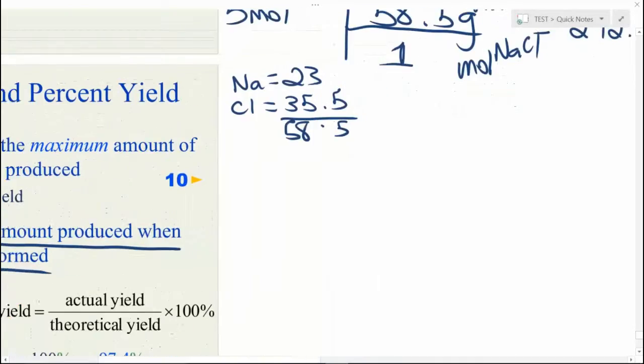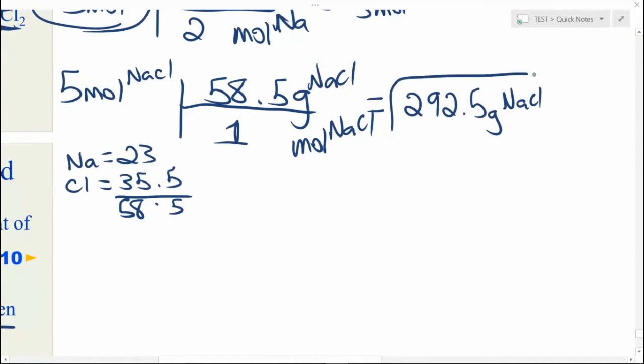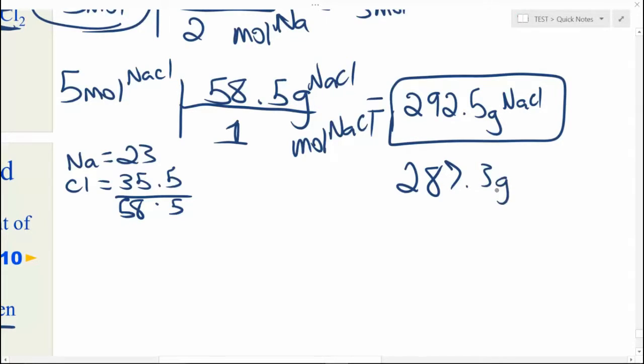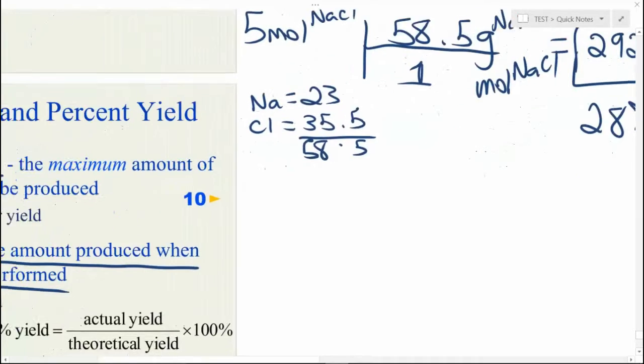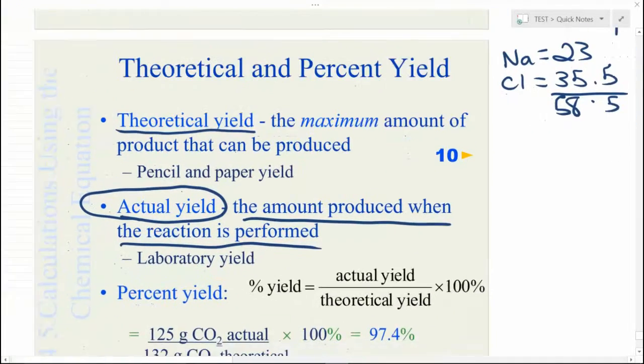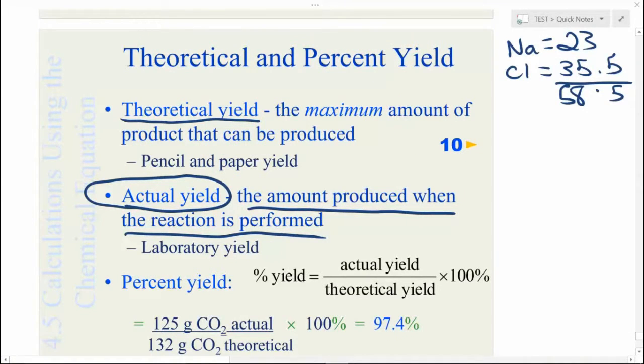So here I have theoretically said we should produce 292.5 grams of sodium chloride. But when I go and run that reaction, I only produce 287.3 grams of sodium chloride, which would be practical because I'm never going to do everything so perfectly or collect all the mass so perfectly that I'm going to get everything. There's always going to be an amount that is lost during the reaction and during the handling of that reaction.